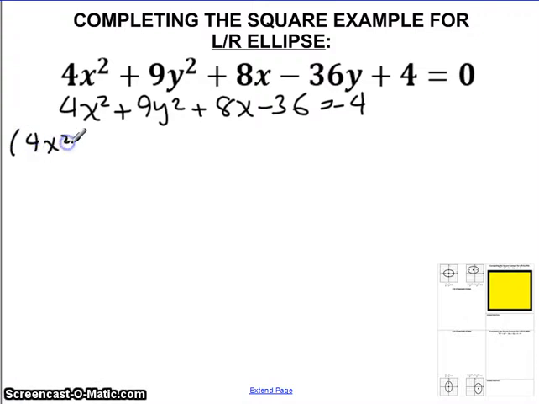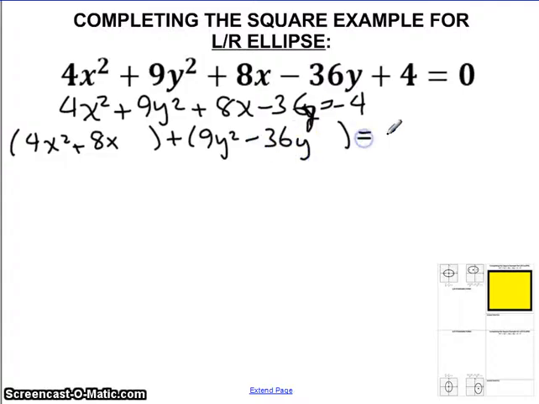I'm going to group my x terms together, and I'm going to group my y terms together. Oh, this is 36y. Minus 36y equals -4.